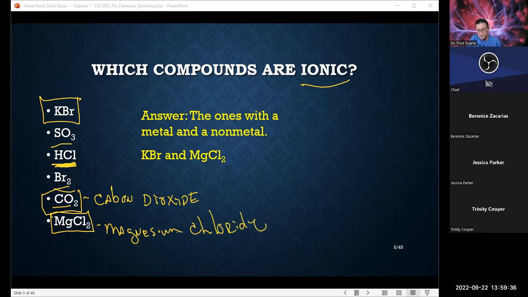Notice that it's not called dichloride. And so there's another major difference between ionic compounds and covalent compounds, and that is with respect to naming them. We don't use prefixes when we are dealing with the names of ionic compounds.